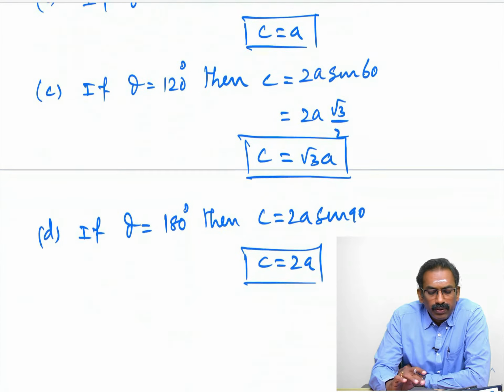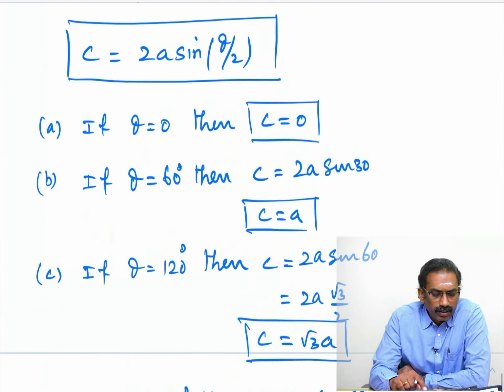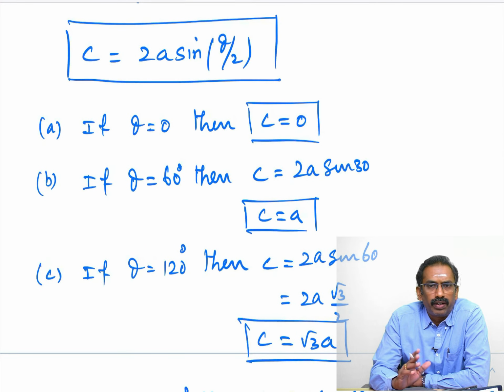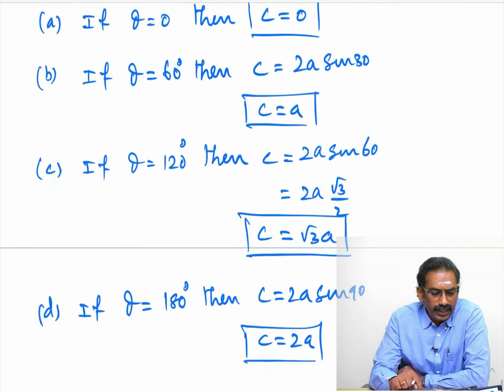We can come to a conclusion from this result and the previous a plus b magnitude result. At an angle of 90 degrees, a plus b magnitude and a minus b magnitude are equal. So we have not done it for theta 90 degrees.